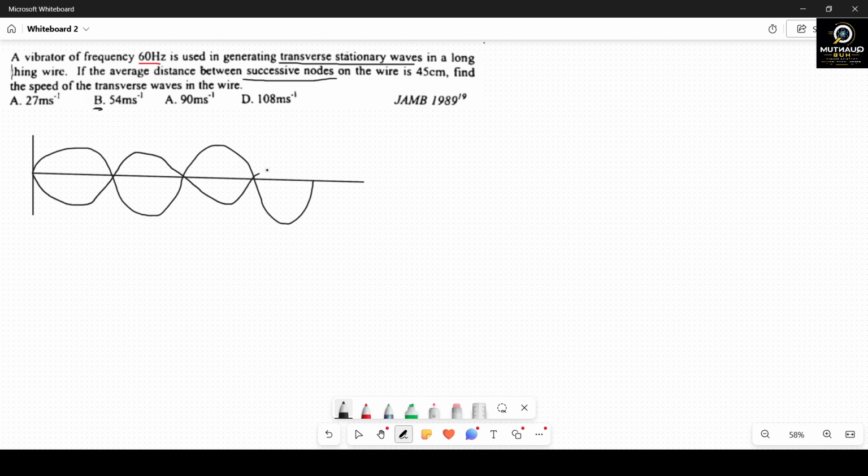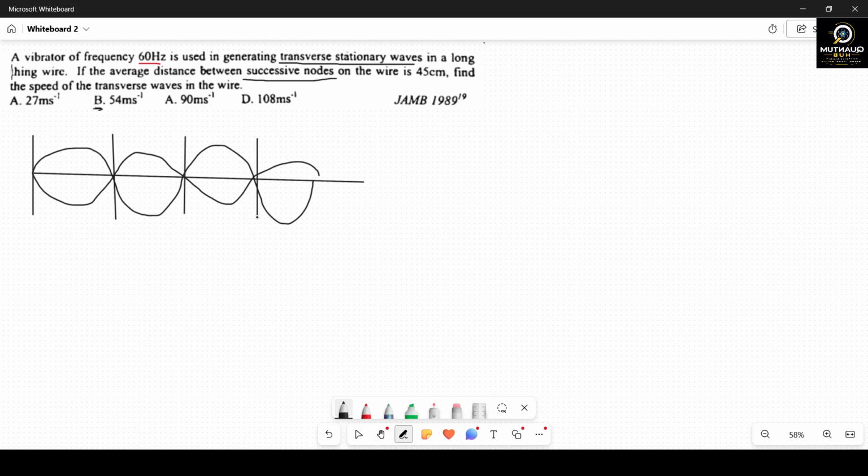Now, because this particular wave is a transverse stationary wave, that means at every point there is an end here. There's an end here, another end here, another end here, and there is another end here, and so on.